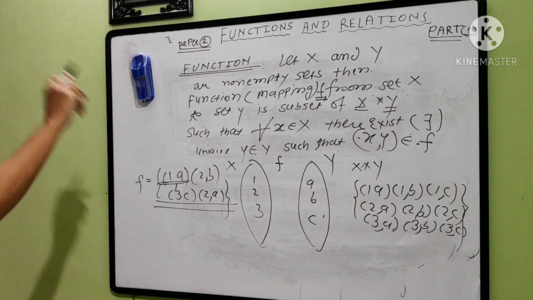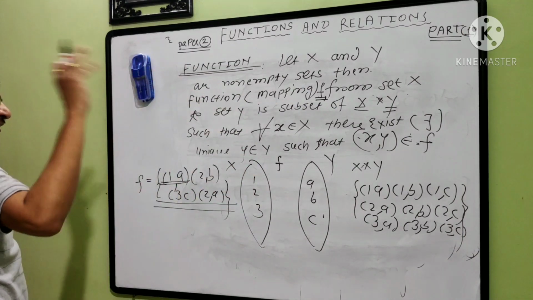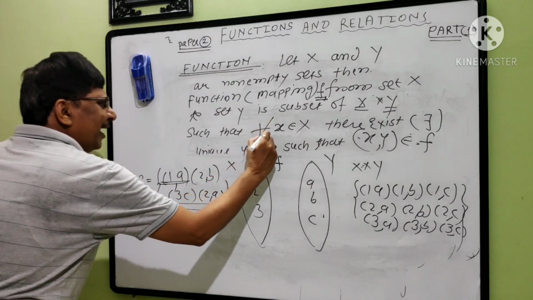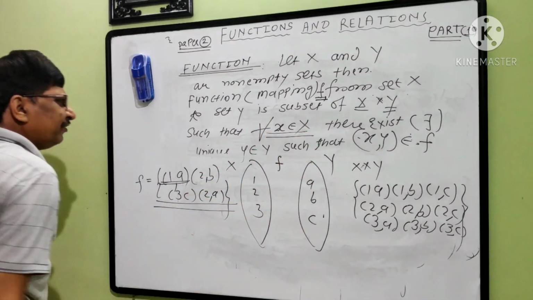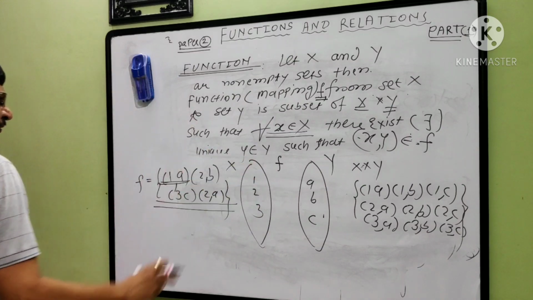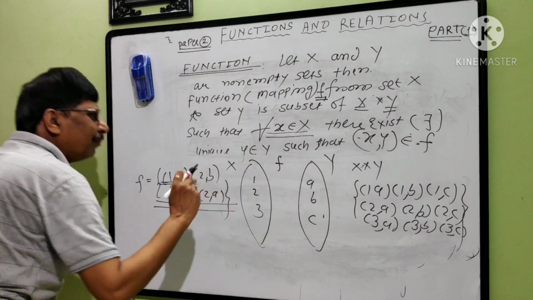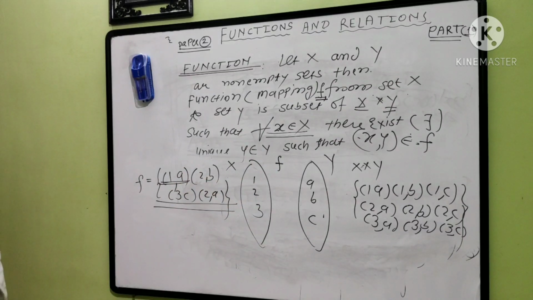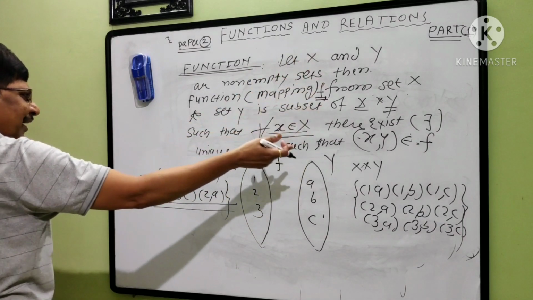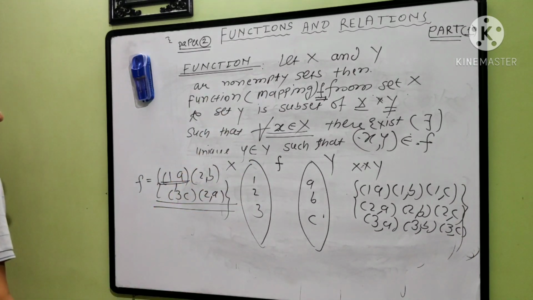Now I have taken one subset, but it must satisfy some condition. That is, for every x belongs to X. For every x belongs to X means what? For every element of X there exists a unique y.